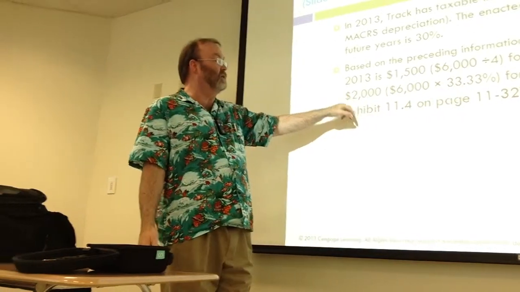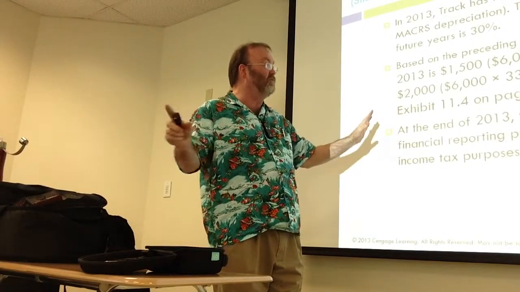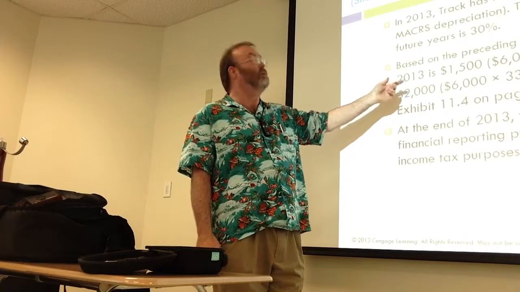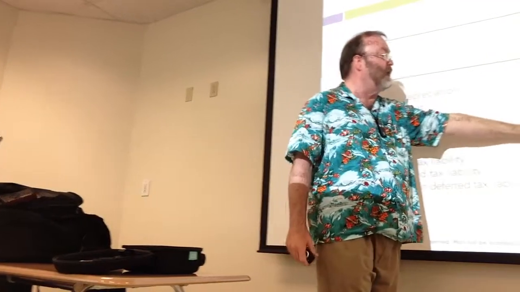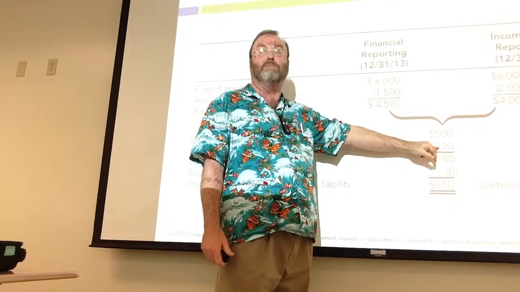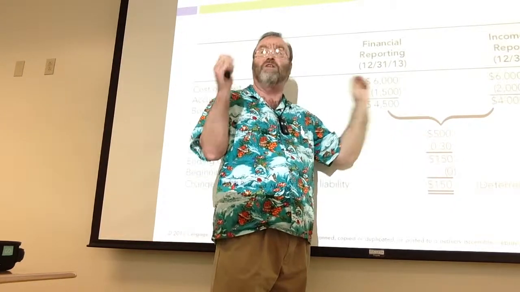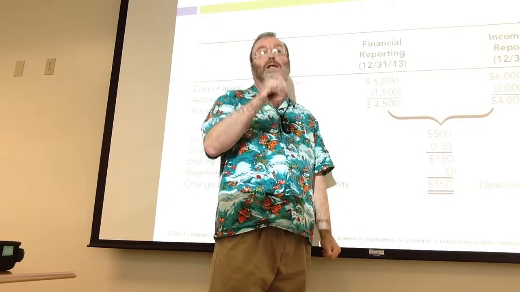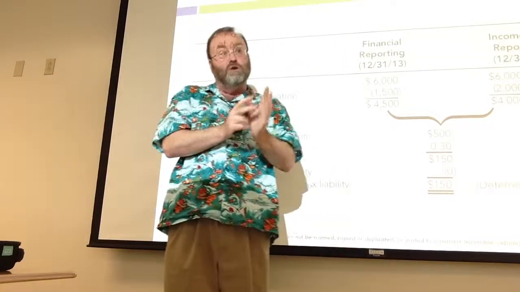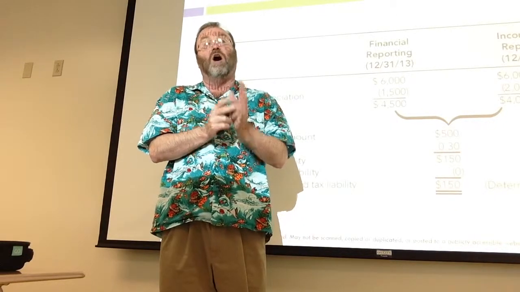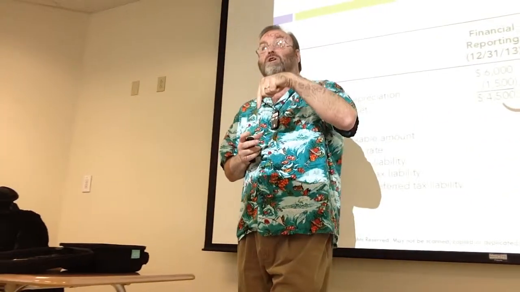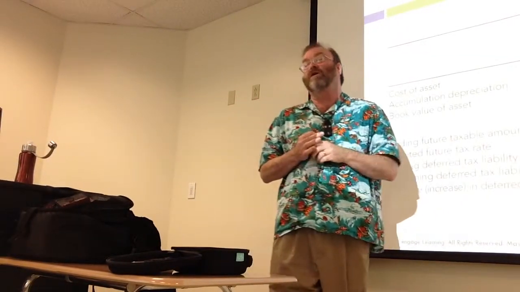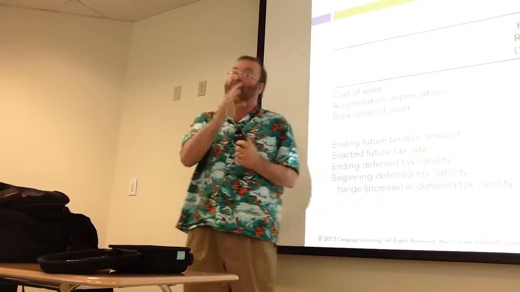So that's $2,000. That generates a difference of $500. Multiply the $500 times the 30% marginal tax rate, you get a $150 difference which is a deferred tax liability, because you're deducting $2,000 off of your 2013 tax return, but you're only expensing $1,500 for book purposes. So that's a liability.